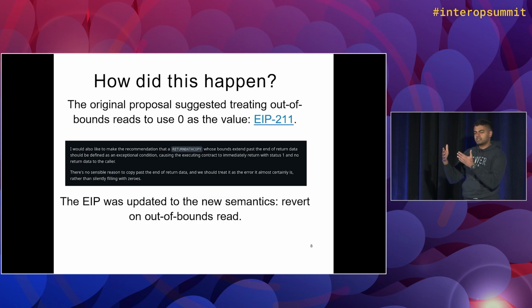So why don't we just revert instead of just reading it as 0? So the EIP was updated to the new semantics, which is revert on out-of-bounds read. And this is a very small deviation, and I'll tell you how this affects some other applications later in the line, even a bug in the Solidity compiler.